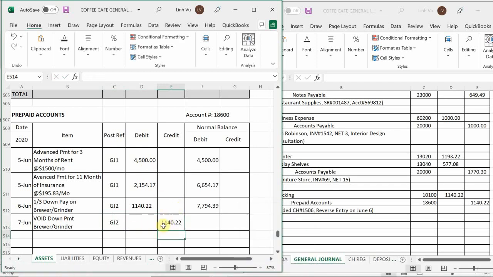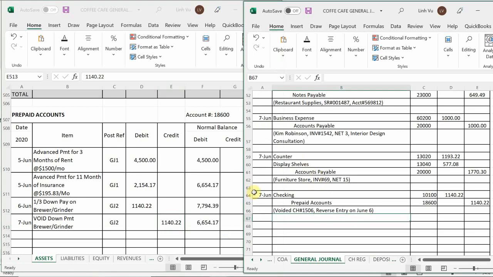If I put a credit in here and you have your formula written in here, it should bring you back down to 6654.17. So that's the reverse of this.